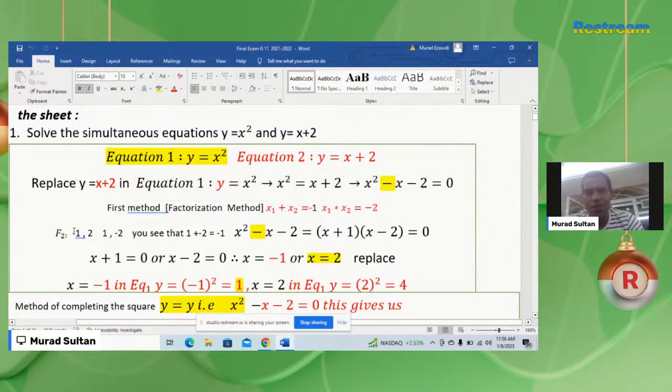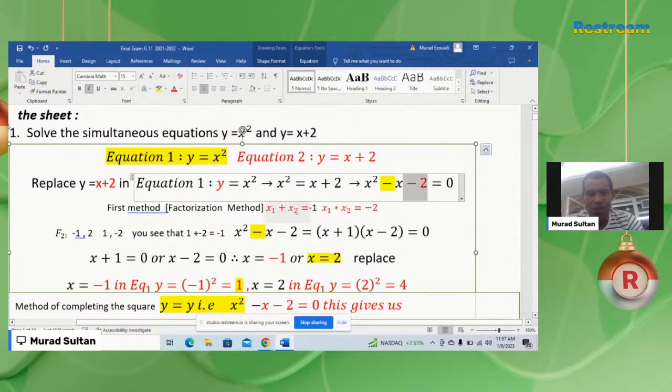Therefore, the factors of 2 are minus 1 and minus 2, or 1 and 2, but the coefficient is negative. So we use these two numbers: 1 plus negative 2 equals negative 1, and 1 multiplied by negative 2 gives negative 2.